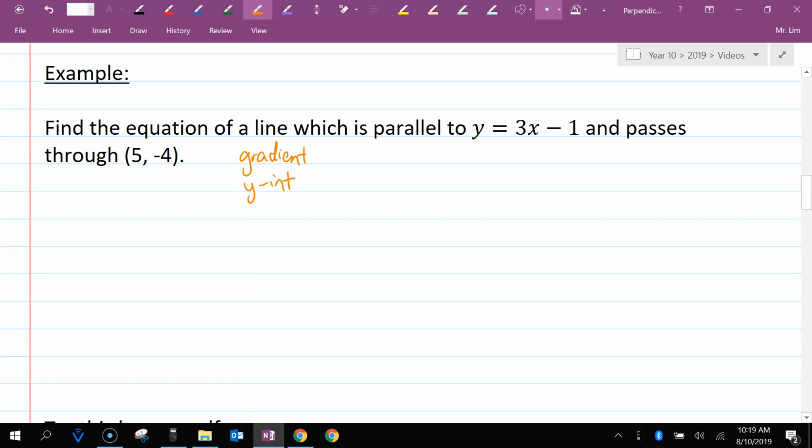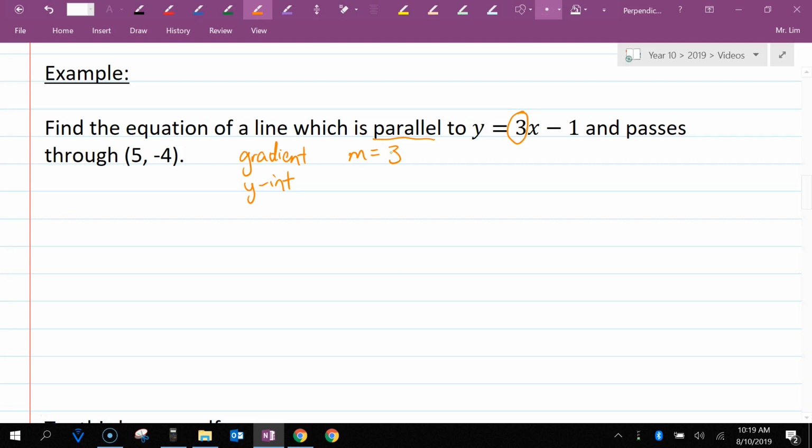Once we have those 2 things, we can find the equation of a line. Do we have the gradient? Because it's parallel, the gradient has to be the same. The gradient is 3. But we don't have the y-intercept, so we need to work it out.